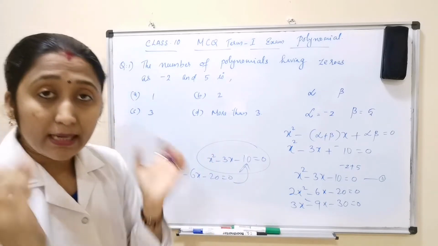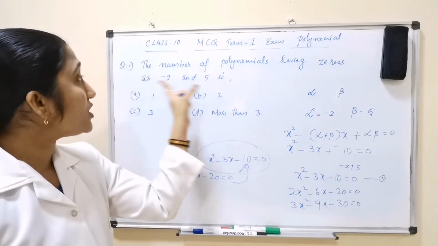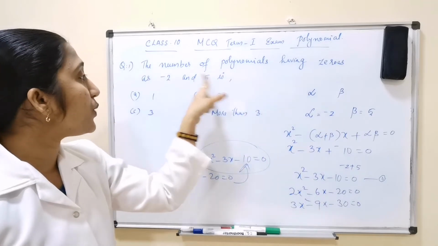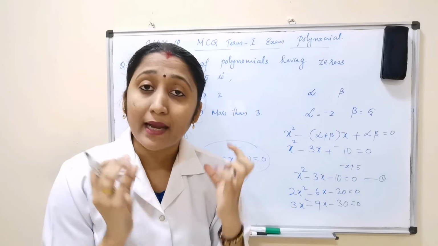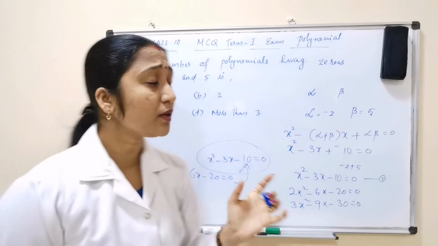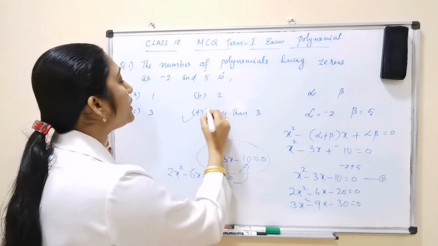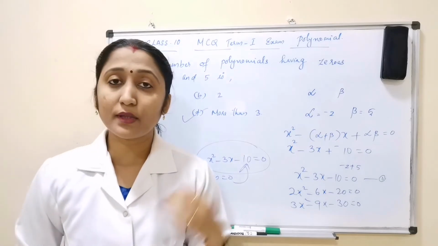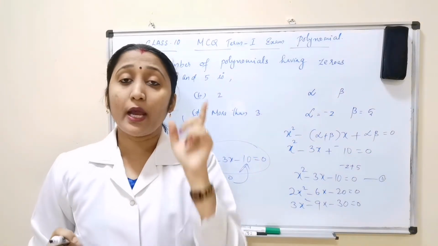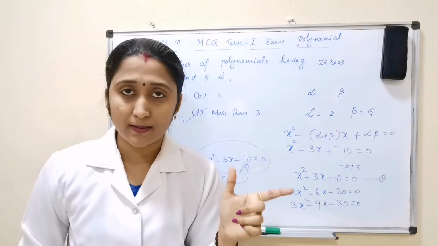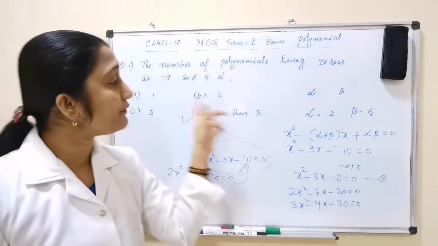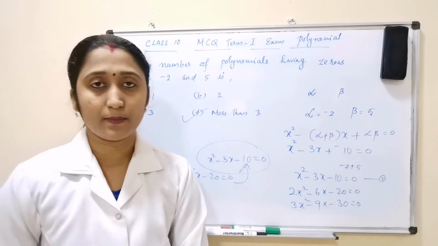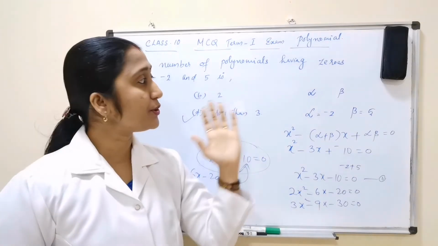So we can conclude that based on the zeros -2 and 5, many polynomials can be made. So the answer is more than 3. Is it clear? First of all, we have to understand the concept behind the polynomial, then only you can identify the answer from the options. I hope you all understood this question.